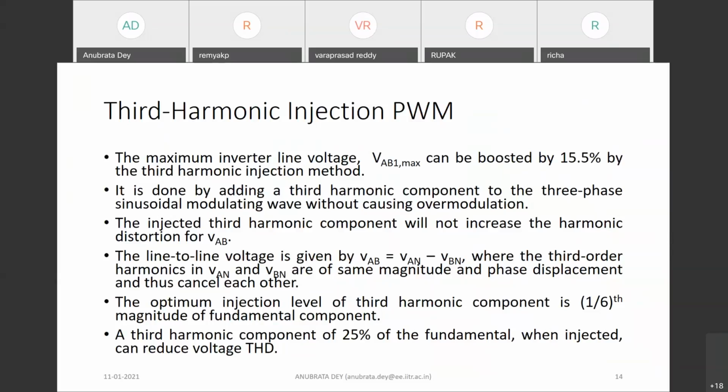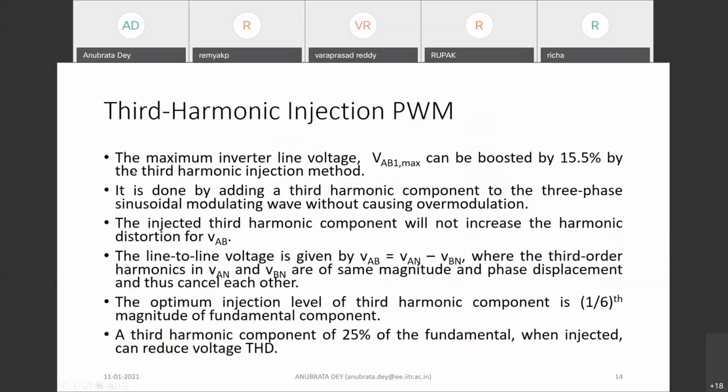That is a little cumbersome if you really want to use the third harmonic injection technique. But the SVPWM technique is much easier, because by controlling the duration of the zero vector, you can easily do it using a digital controller. The effects are the same.